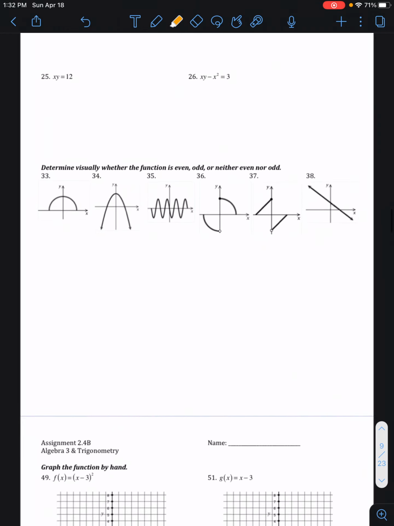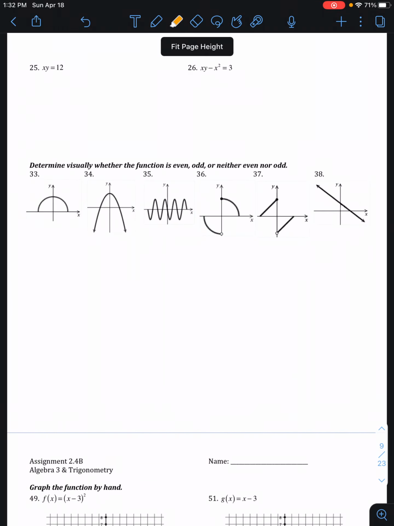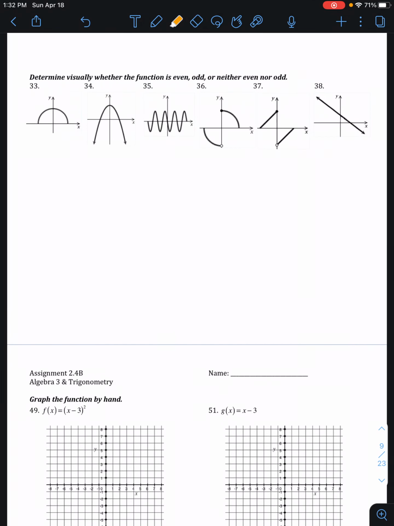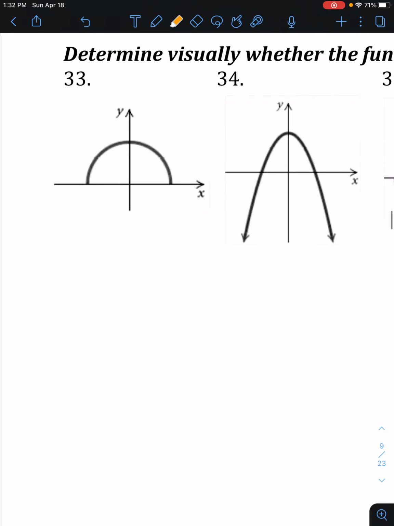So here, let's go down to 33. We're going to determine visually whether the function is even, odd, or neither. Number 33 is symmetric in respect to the y-axis.